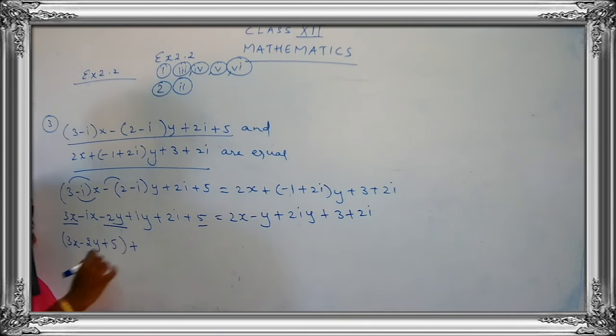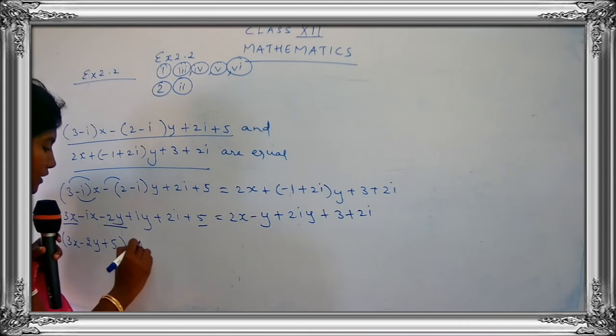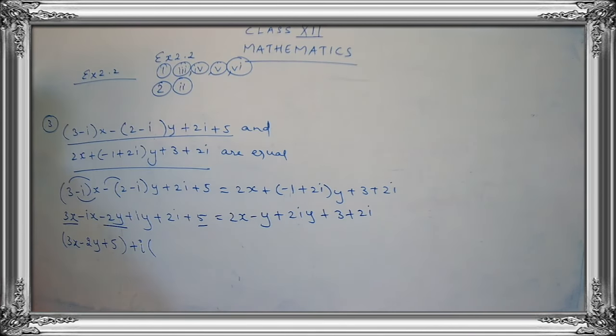I will put a plus sign and I will write i common. Okay, children. The imaginary part will have i common. So I will take plus i out. Since I have taken a plus sign, you have to write the numbers the same; if you have a negative, you have to keep your negative. I am not taking minus common, I am taking plus sign common.